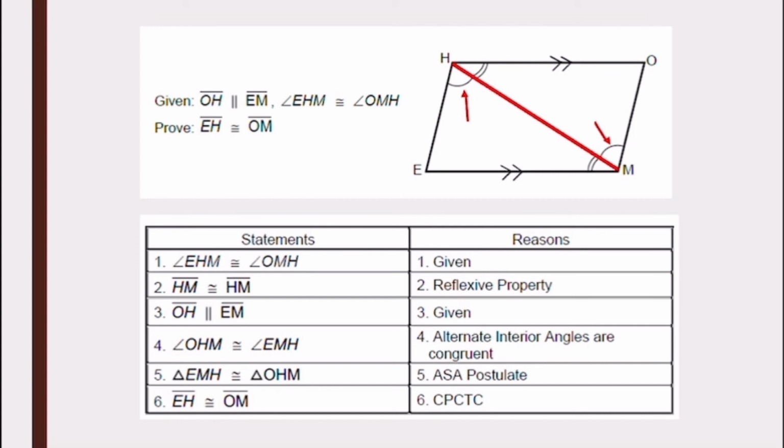Next, line segment OH is parallel to line segment EM. And we know that if parallel lines are cut by a transversal, then the alternate interior angles are congruent. And that is angle OHM is congruent to angle EMH by alternate interior angles.